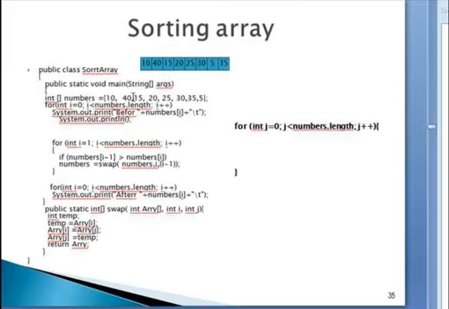If it is true, let's consider the content of 1 and 2. If the content of i minus 1 is 40, when i changes to 2, if 40 is greater than the content of i, which is 15, then call the swap function and swap i and i minus 1.